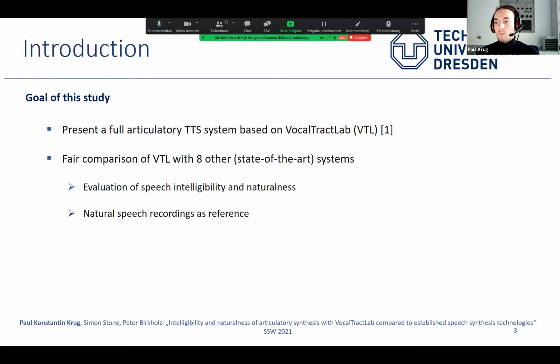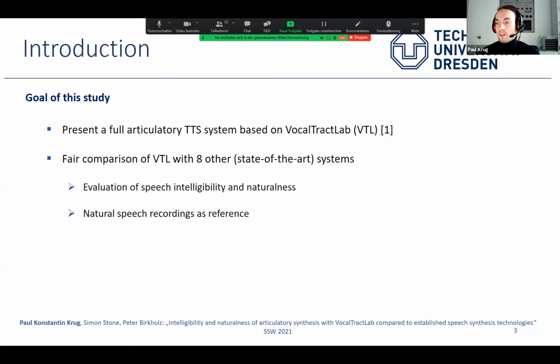So I want to present this system here, and the goal of this study is to give a fair comparison of Vocal Tract Lab, which is basically the state of the art when it comes to articulatory synthesis, with 8 other text-to-speech systems, which are either state of the art now, so neural synthesis, or represented the state of the art of speech synthesis once. So, for example, HMM-based methods or unit selection synthesis.